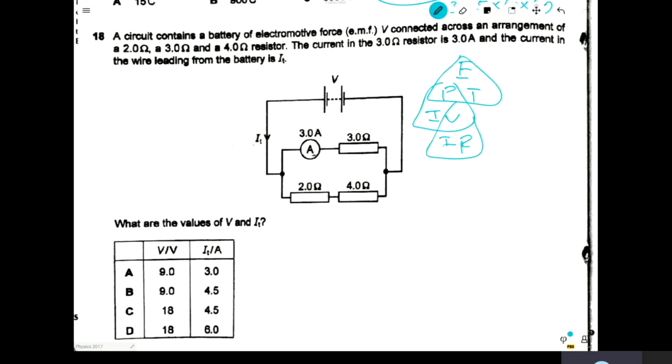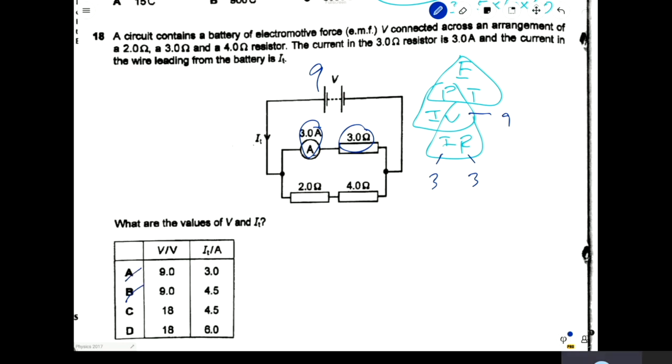Now to find voltage, I must take current times resistance, right? Correct? Yeah. So the current here is 3 and the resistance is 3. So 3 times 3 equals to 9. So this one is 9 volt.